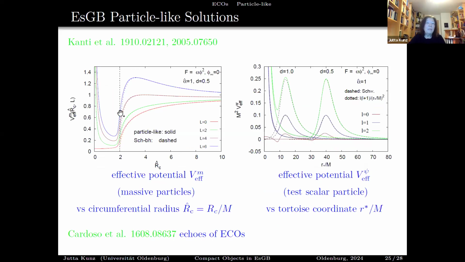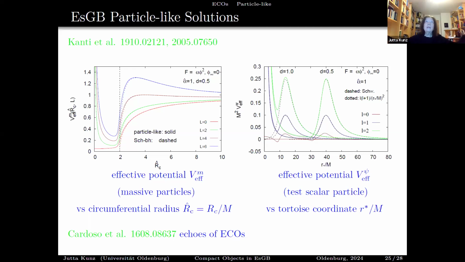And for these objects, massive particles can also be bound in this effective potential, and one has echoes. It's echoes with echoes. So these are the effective potential plotted now, let's say for a scalar field.